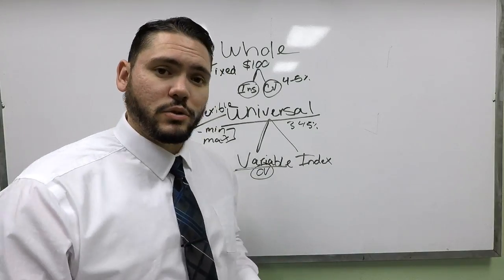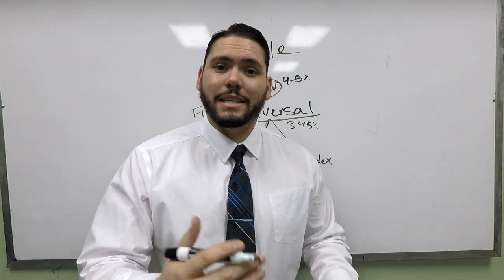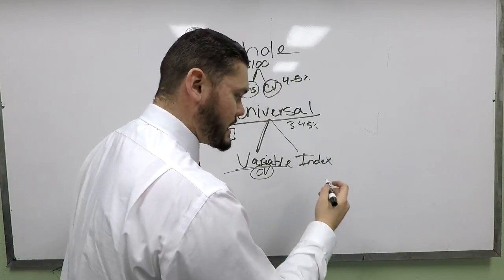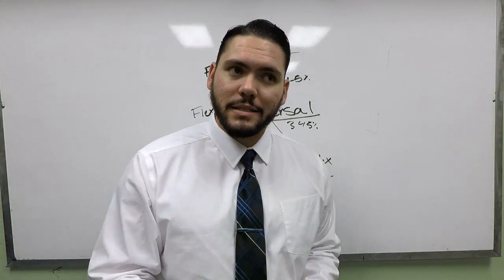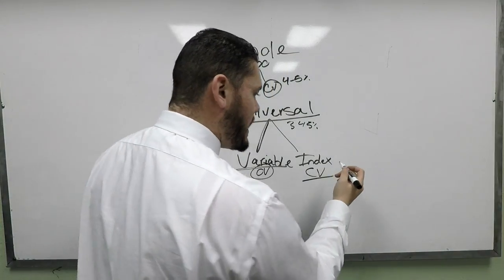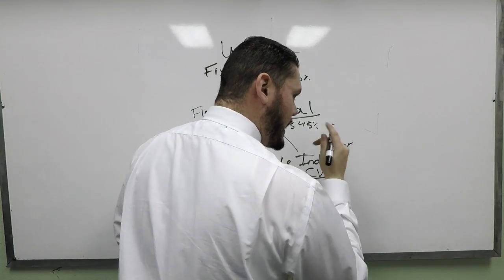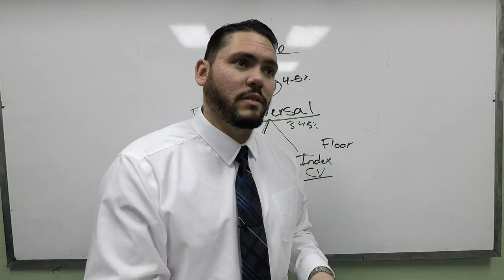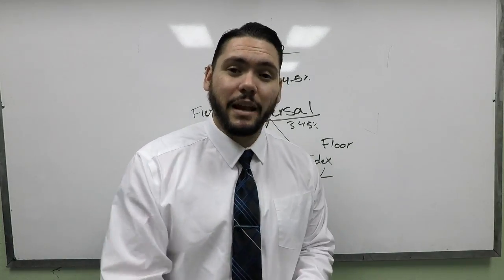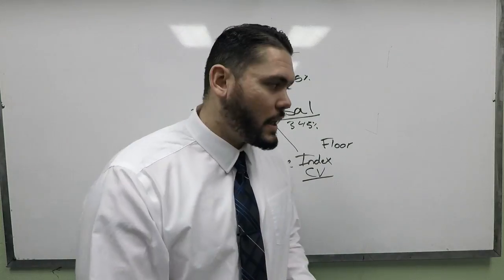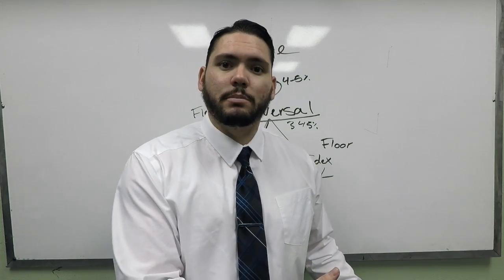The next thing I'm going to introduce to you, what came after the variable policy, was something known as an index. So exact same thing. It has a cash value portion to this policy, but how it works essentially is there is a floor to this policy, meaning depending on how the market performs, if the market performs very low, if there's another 2001, if there's another 2008, and it performs very low, there is a floor, meaning you won't lose any money in this type of insurance plan, okay?